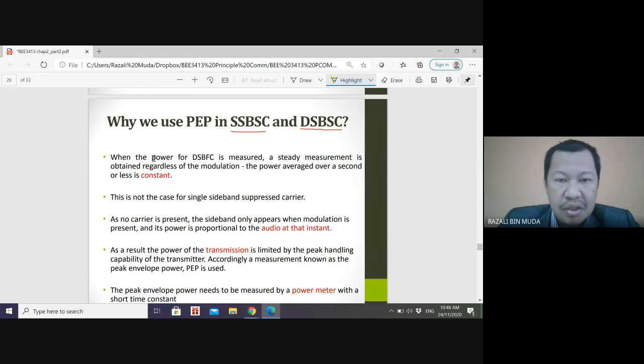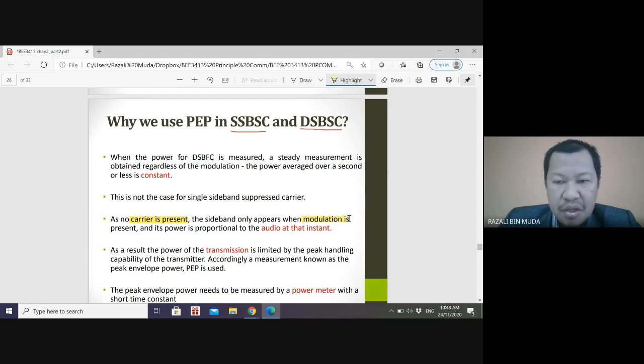The power averaged over a second or less is constant. This is not the case for single sideband suppressed carrier, as there is no carrier present; sidebands only appear when modulation is present.